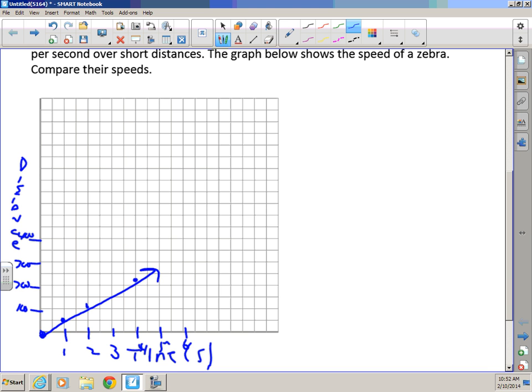Now, for the lion, you are given that the lion is going at 53 feet per second. You don't need to do any calculations. Now we want to see what the zebra is doing. Well, your y-intercept is 0, 0. And what the y-intercept represents is the fact that at 0 seconds, the zebra's gone nowhere, which just makes logical sense.